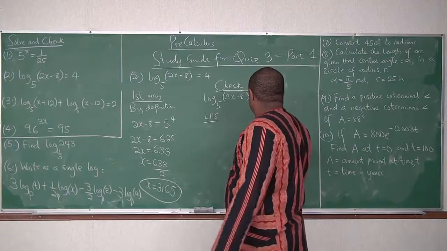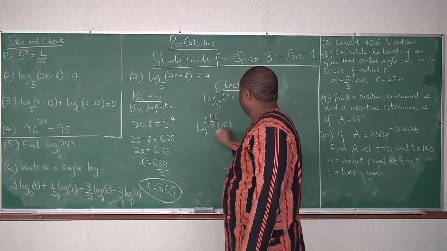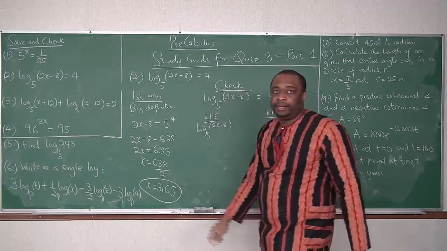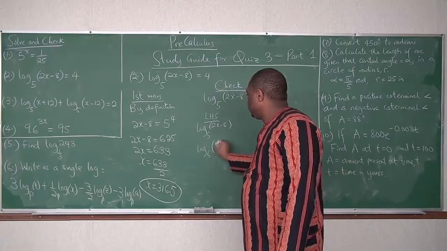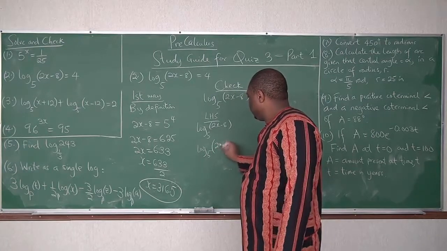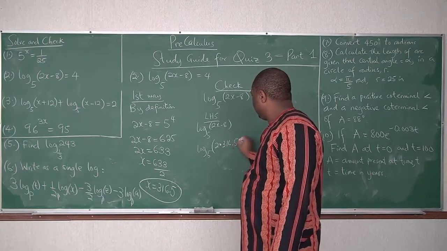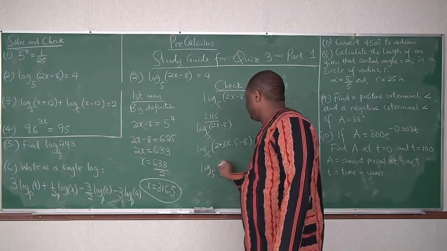So this is 4. This is log of 2x minus 8 base 5. So this will be log base 5 of 2 times 316.5 minus 8.